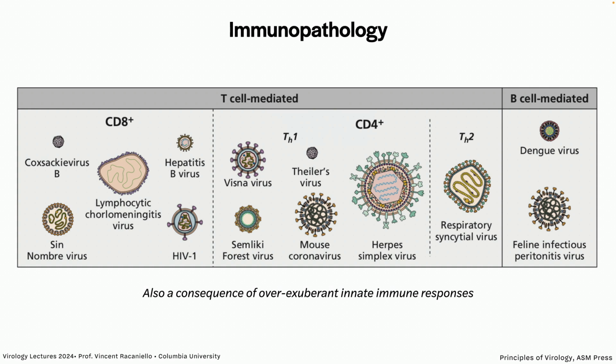But there's also over-exuberant innate immune responses. So much of severe COVID is a consequence of an over-exuberant innate response, which causes too much inflammation, and that's where you get a lot of the lung damage. In fact, when people are hospitalized, typically they are hospitalized because their blood oxygen has dropped and they can no longer function properly.